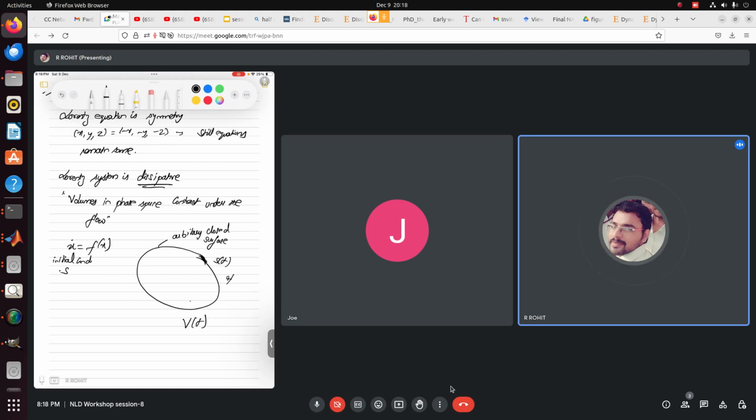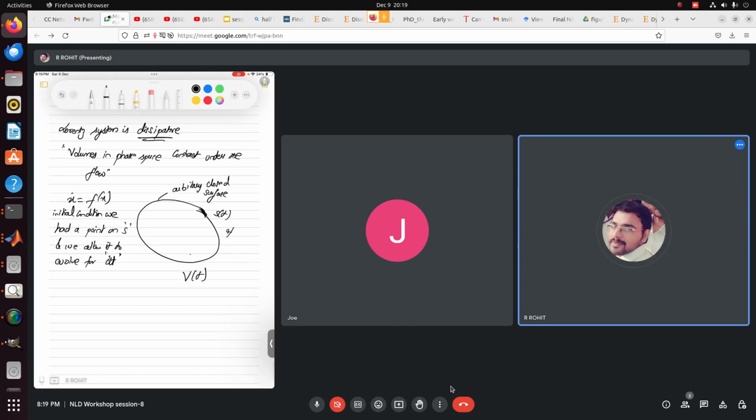Initial condition, we had a point on S and we allow it to evolve for a small dt time. Now the surface S evolves to a new surface S of t plus dt.